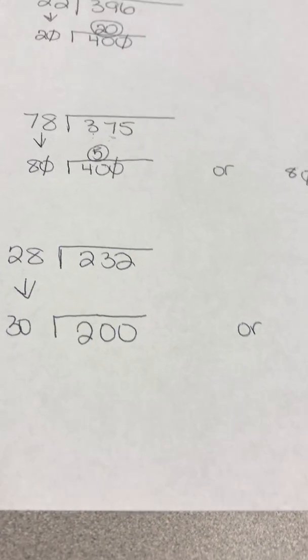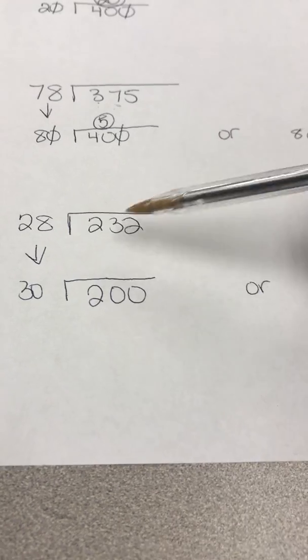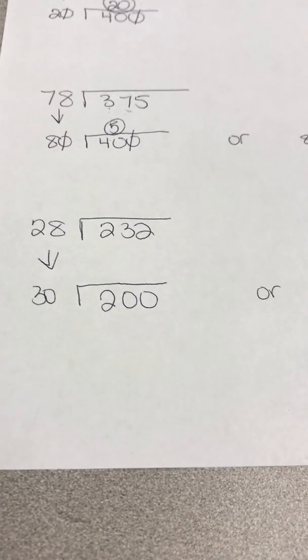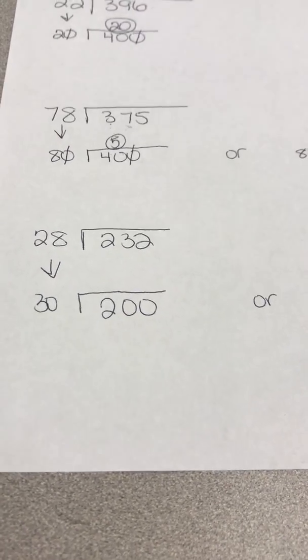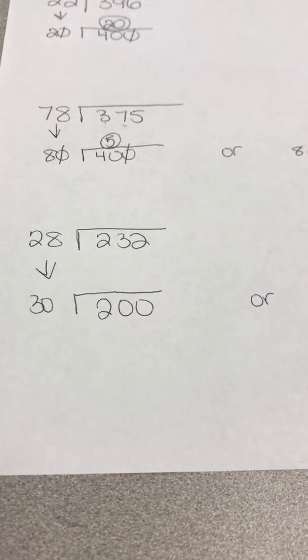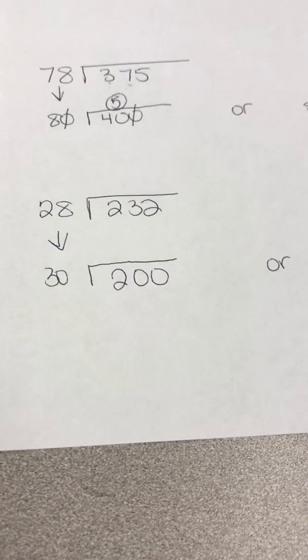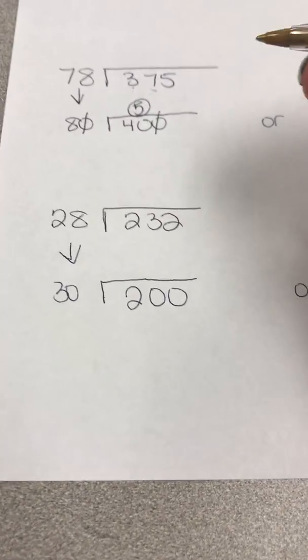Now you don't have to do both. You just choose which way you want to round, whether to the nearest ten or the nearest hundred. I'm just showing both so that we can see that when you are estimating, there are sometimes more than one correct answer. And as long as you can provide evidence for that answer and it is a reasonable estimate, there could be more than one correct answer.